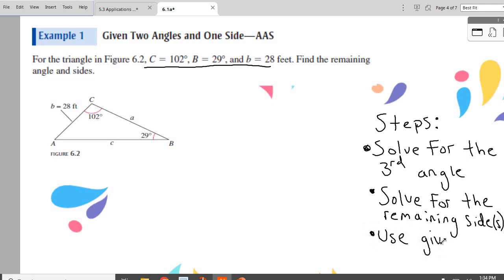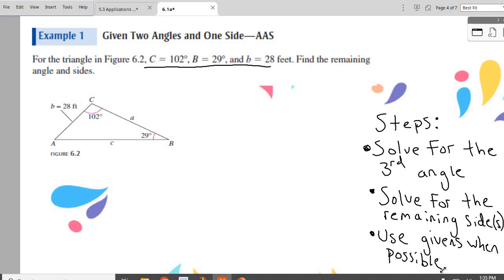But we do want to use the givens when possible, meaning that they give us 3 things, okay? Once we solve for another side, we can technically use that side as well. However, most of the time, like we said, we're not going to get nice, pretty answers. So we will have to round that answer, yes? Then if we use that to find something else, we're going to make our rounding error even bigger. So we want to always go back to our original stuff, or the given stuff, whenever we can.